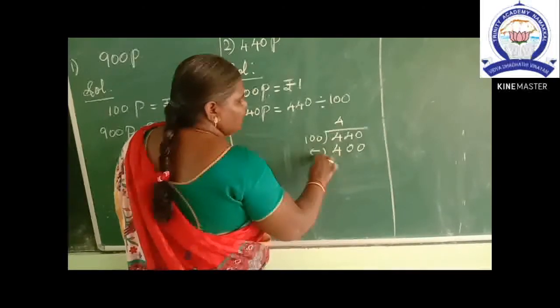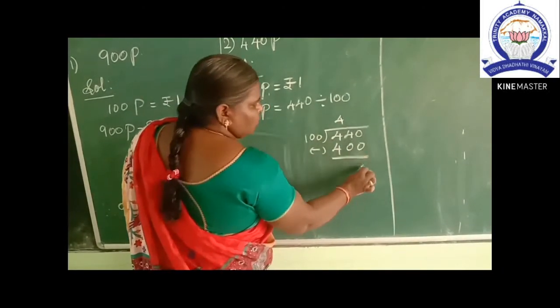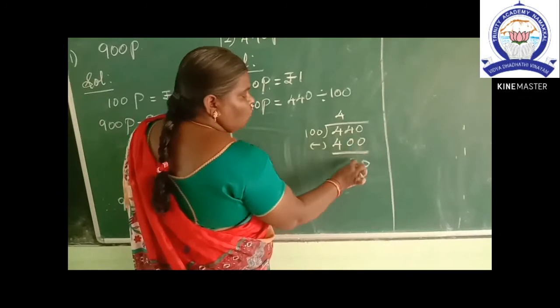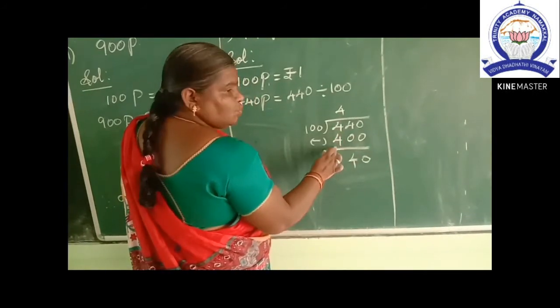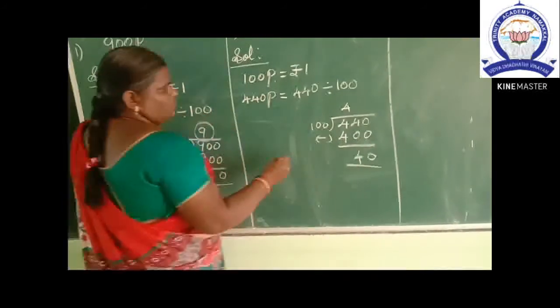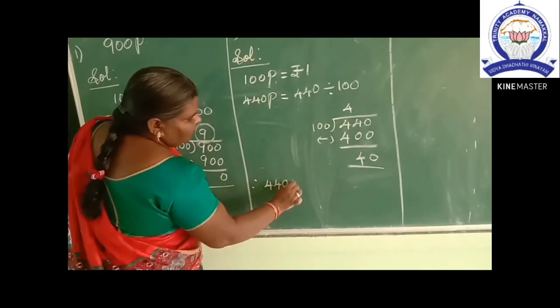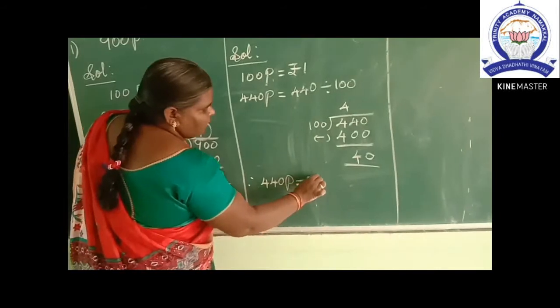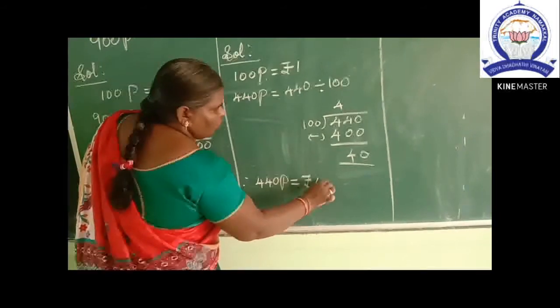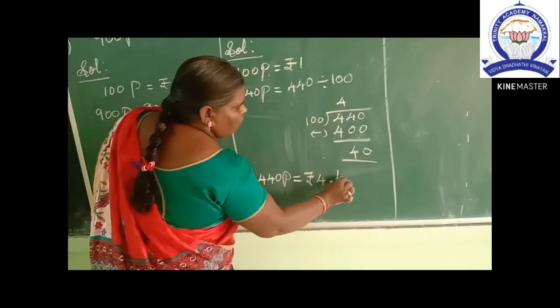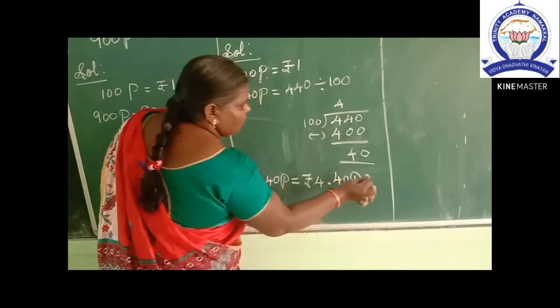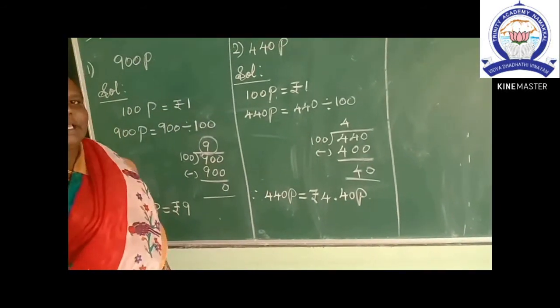Now you subtract. 0 minus 0, 0. 4 minus 0, 4. 4 minus 4, 0. So you write therefore 440 paise equal to 4 rupees 40 paise.